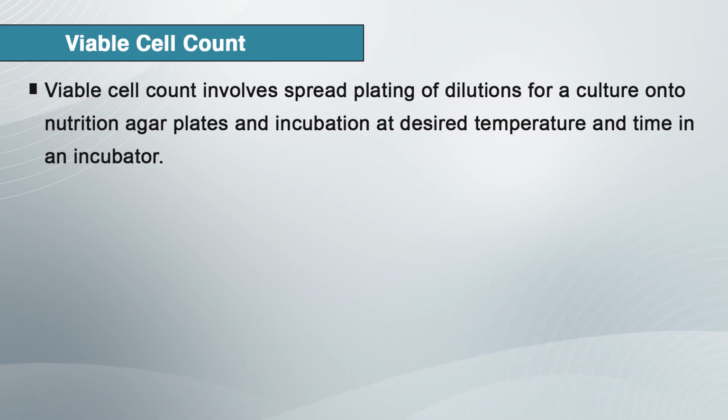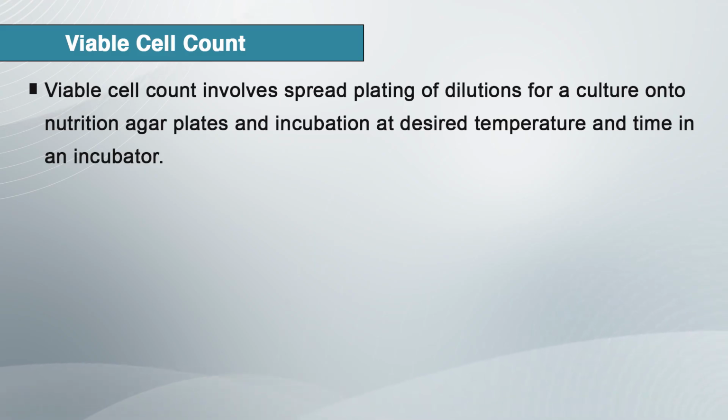Viable cell count involves spread plating of a dilution of a culture onto a nutrient agar media. So, you have to first spread a particular dilution, maybe 10 to the power minus 4, 10 to the power minus 5, 10 to the power minus 6 according to your selection, onto a nutrient agar media, and then you incubate that nutrient agar media at a desired temperature and time in a bacteriological incubator.